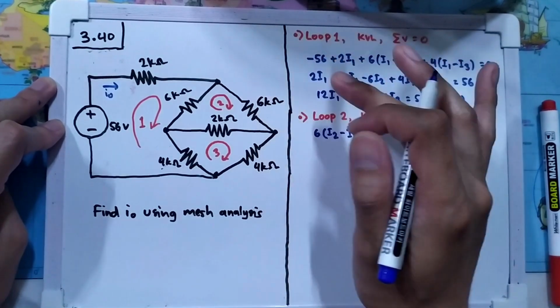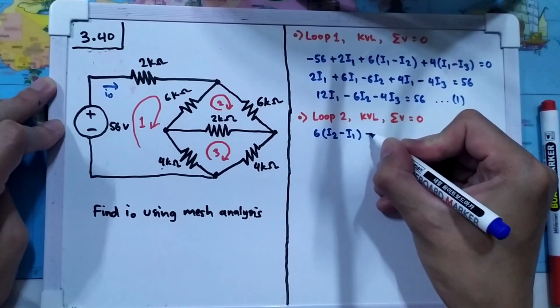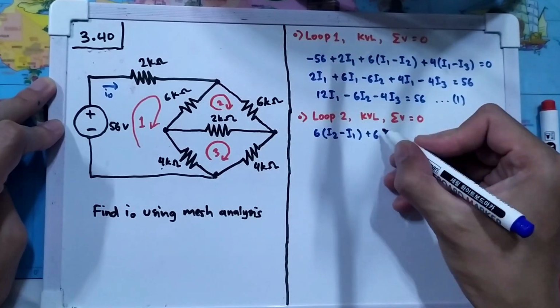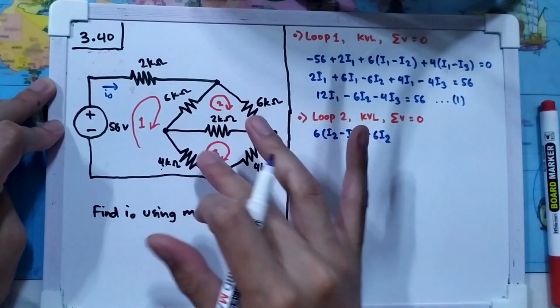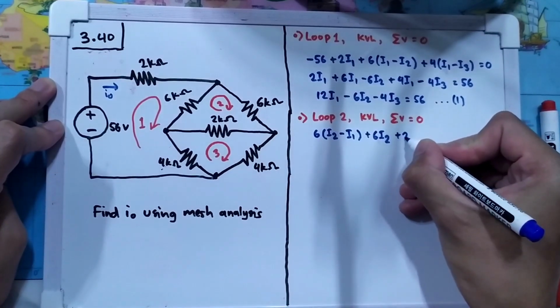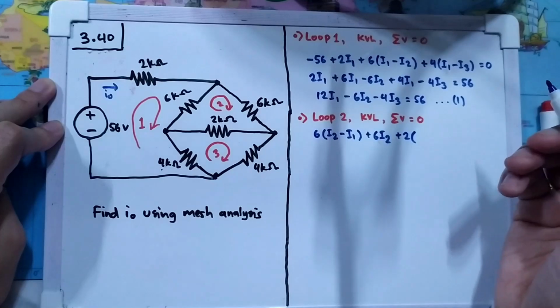And then let's move on to this resistance. It's 6 kilo ohm. So again we have 6. The only current that passes through it is I2, and the last one is this 2 kilo ohm resistance. So we need to convert it to voltage by multiplying it with the current.